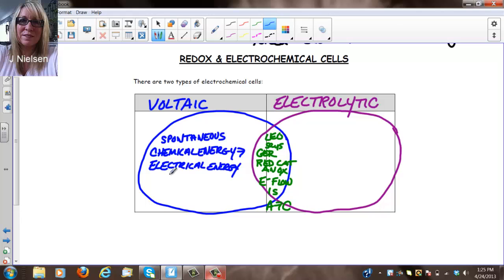We also know that the anode is negative and the cathode is positive. We know that it contains a salt bridge and two half cells, or two cells.